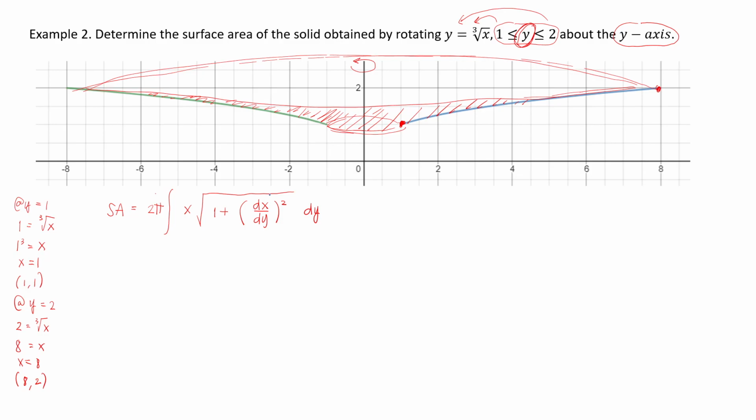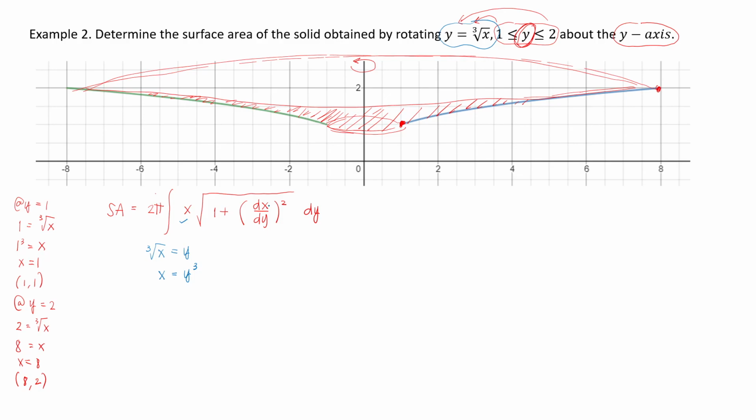Okay, so let's have our x variable first. So our x variable should be the given equation. But since it's not isolated in x yet, we isolate it into its corresponding variable. So cube root of x is equal to y. Then take the cube of the whole equation. So this will give us x is equal to y cubed. So we now have your x here.